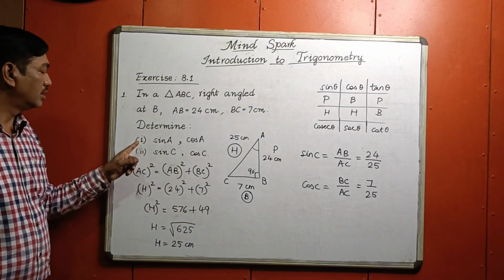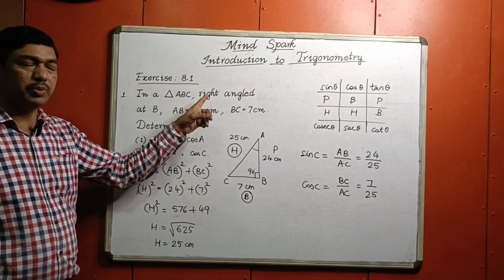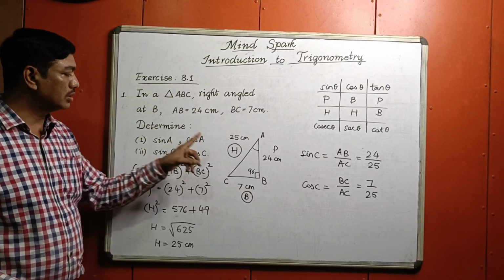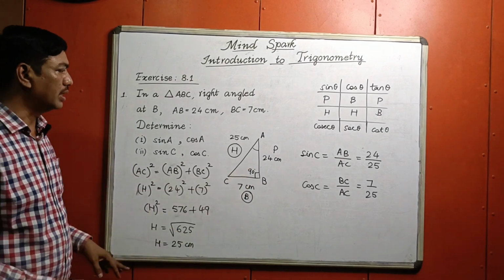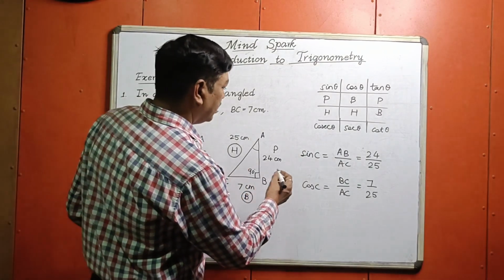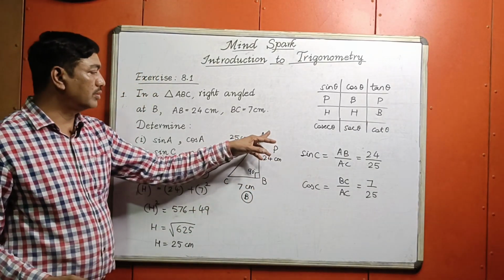First, what is very important in this question is that it is right angled at B. So it is compulsory to mark 90 degrees at B. Then you have to concentrate on which angle they are asking.